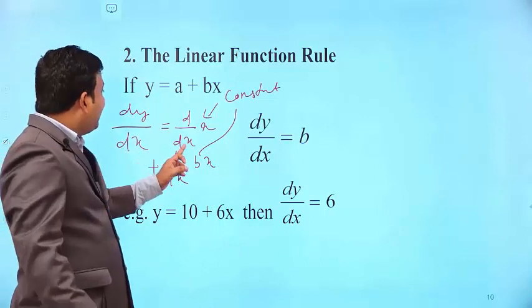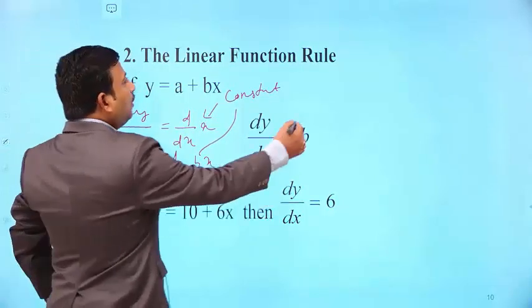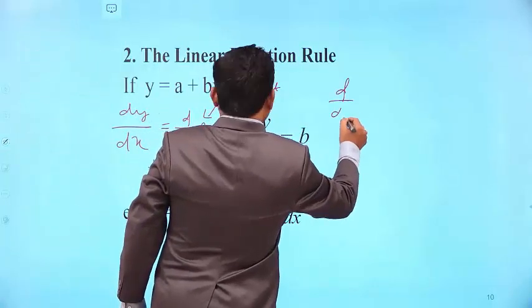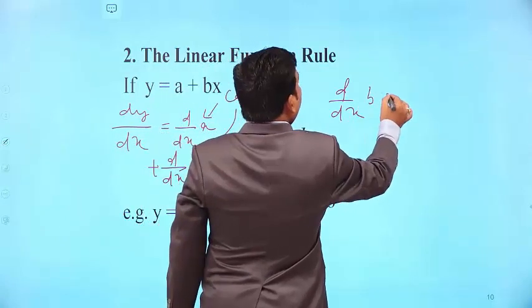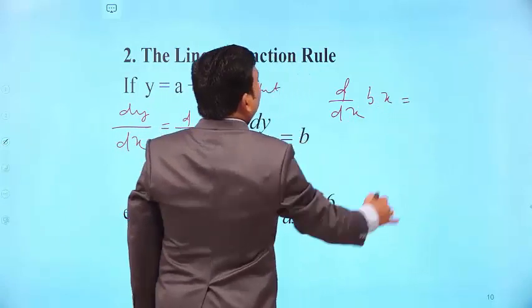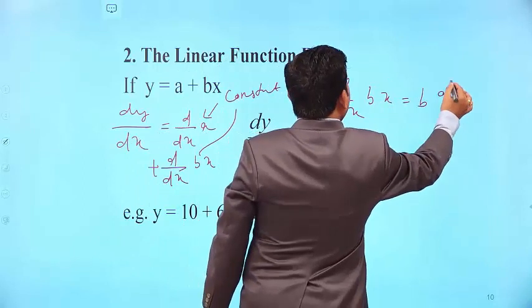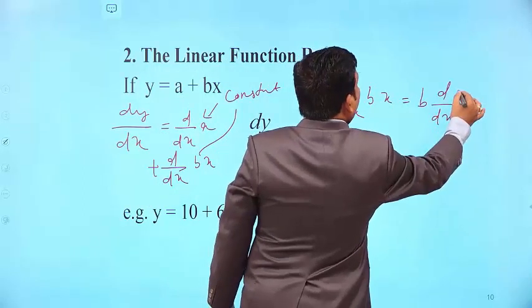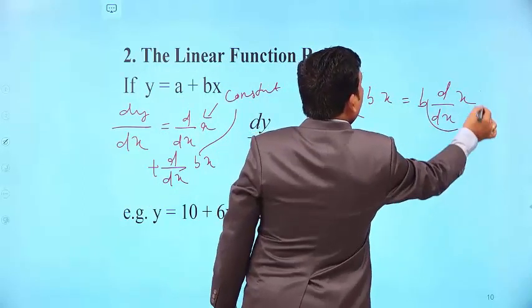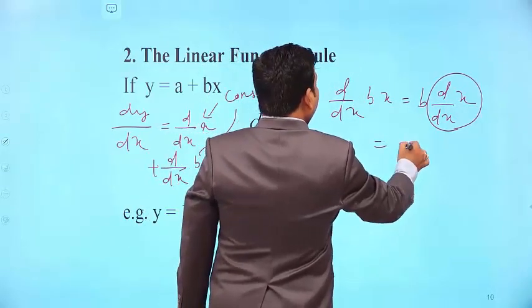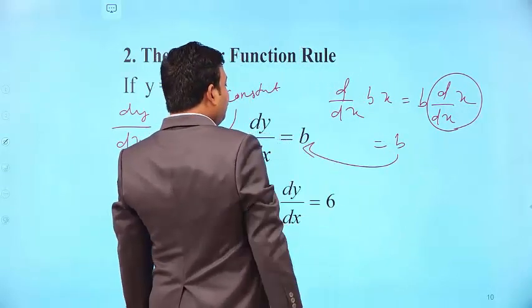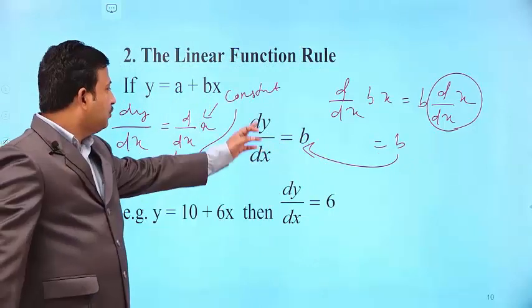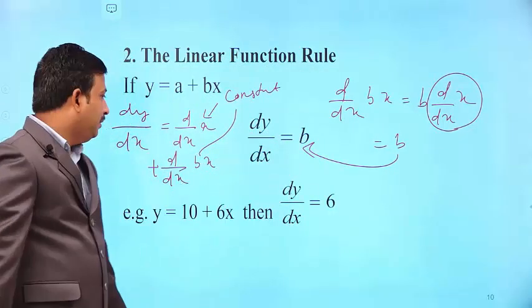So d by dx of a will be 0. So d by dx of b into x equals, b can be taken outside, and d by dx of x is nothing but 1. So we get b. So dy by dx equal to b.